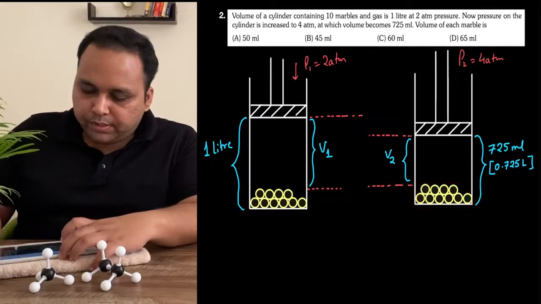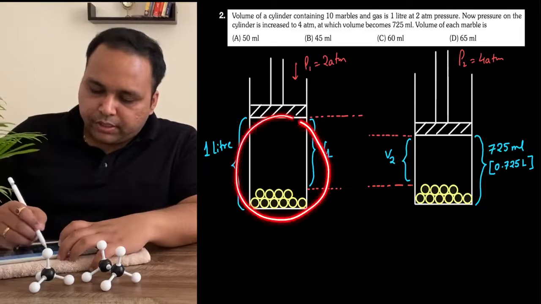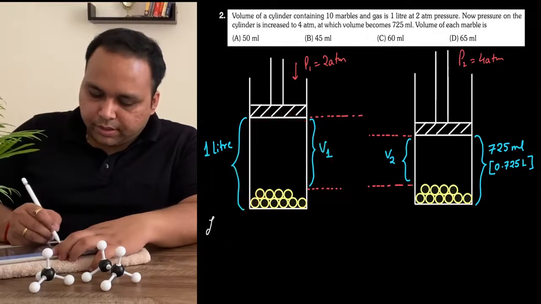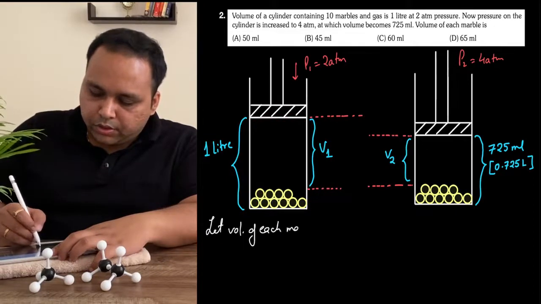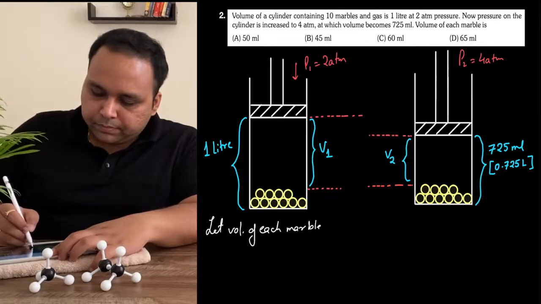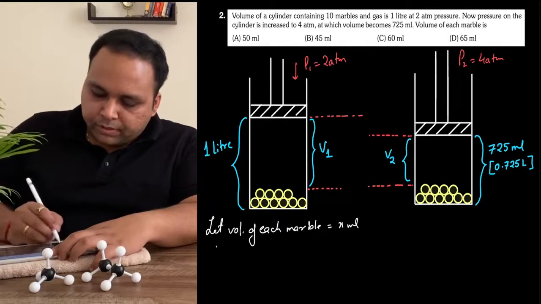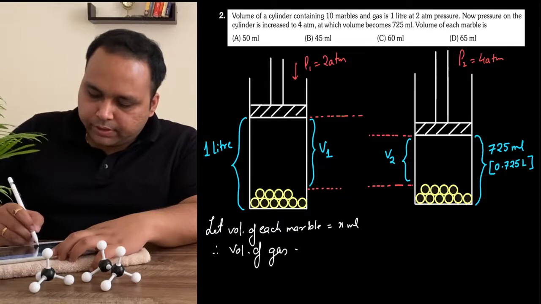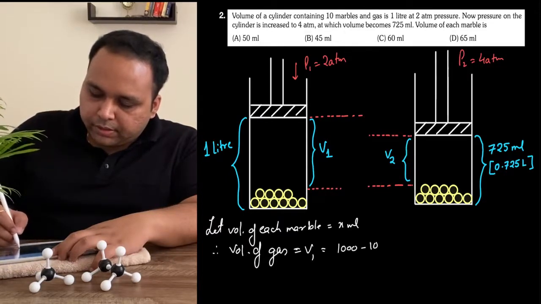So what we can do is, we see that the total volume of the container was 1 liter, and let's say the volume of each marble is X. So let the volume of each marble be X ml, therefore volume of gas, which is V1, will become 1000 minus 10x ml.